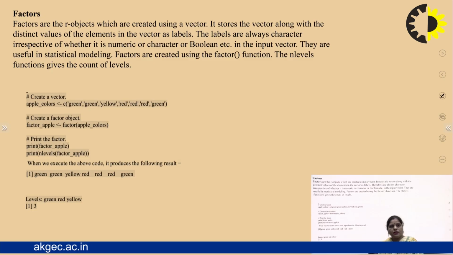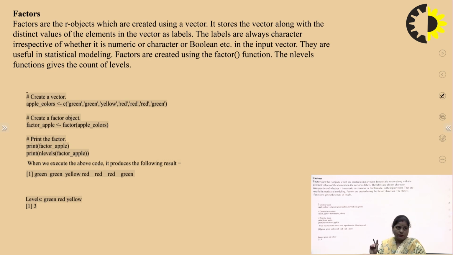Factors are created using the factor function, and the nlevels function gives the count of levels. When we create a vector, apple color stores the values inside the c function. Then we have to create the factor object.